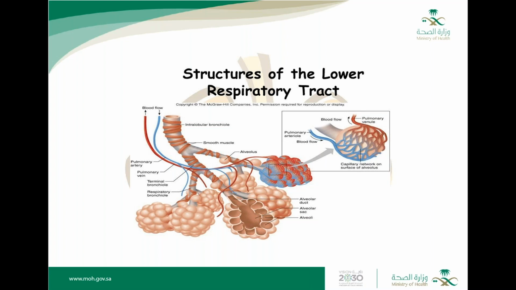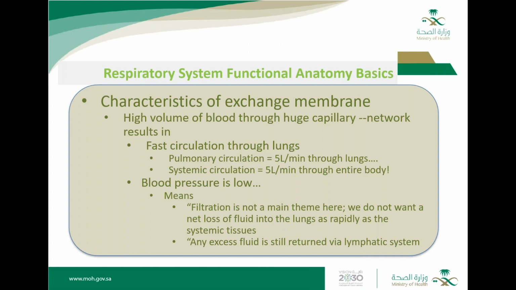Now, when we look at the characteristic of the exchange membrane, we have high volume of blood through the lung, which is very important. You have a fast circulation through the lung. The entire cardiac output of 5 liters per minute is pumped into the lungs, and then once the gas exchange occurs, it converts into the systemic circulation, where there's also 5 liters per minute, which goes to the body.